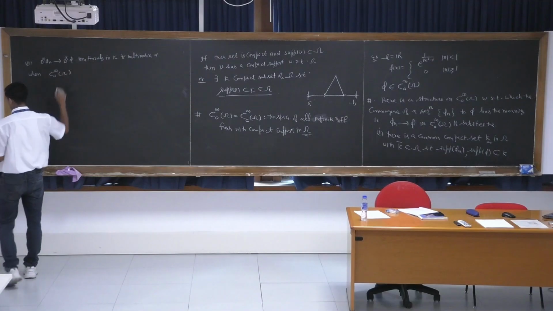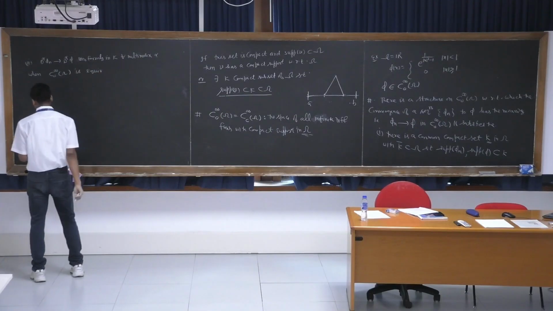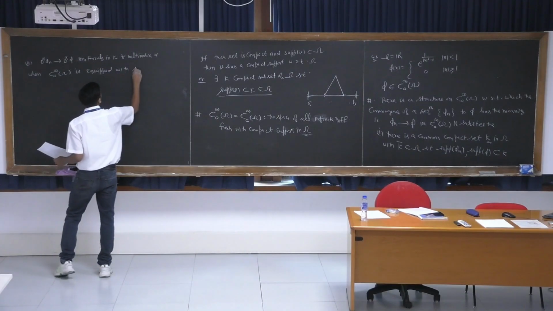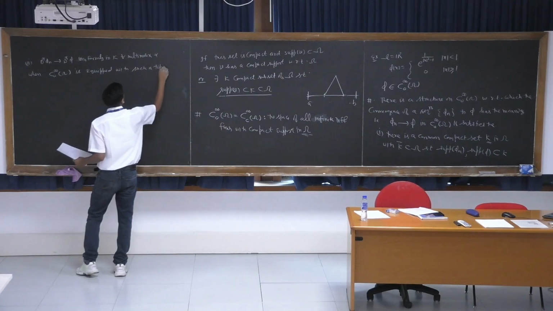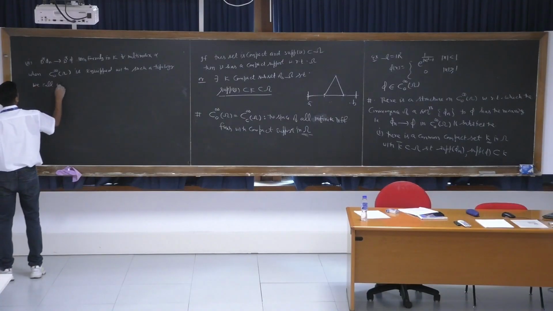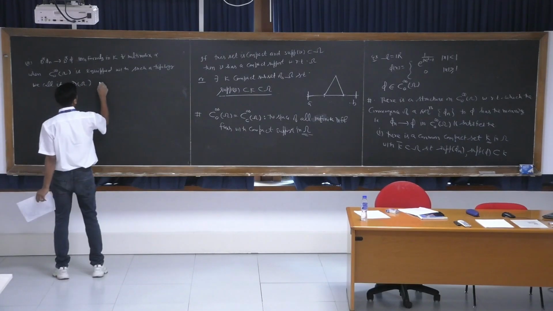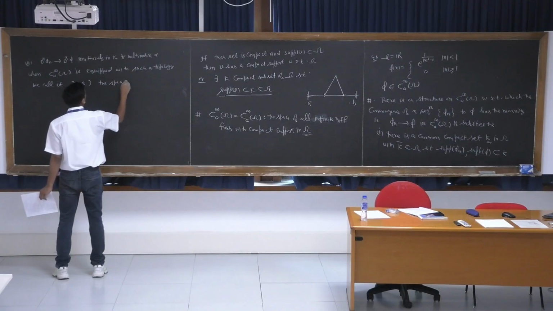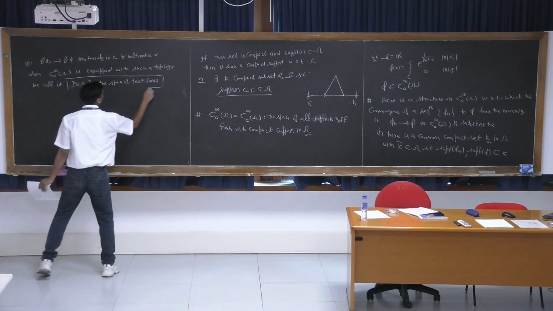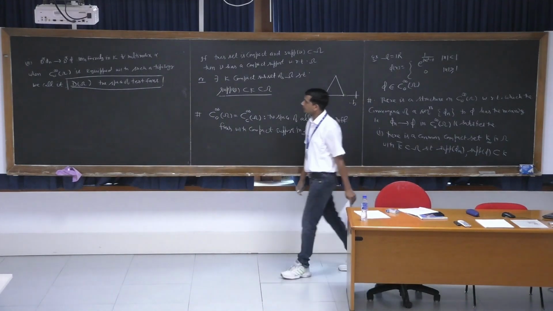When C0 infinity is equipped with such a topology, we call it D of omega, the space of test functions. So we have defined another space here, D omega.